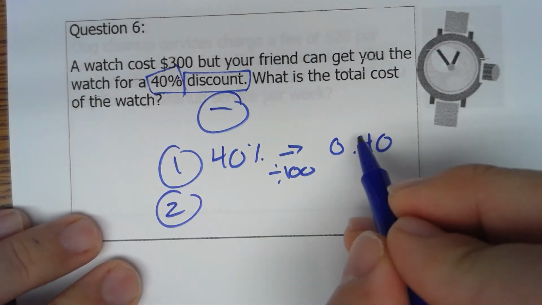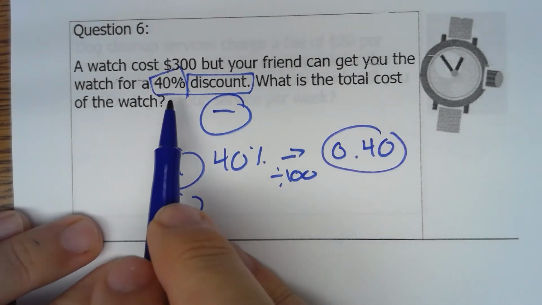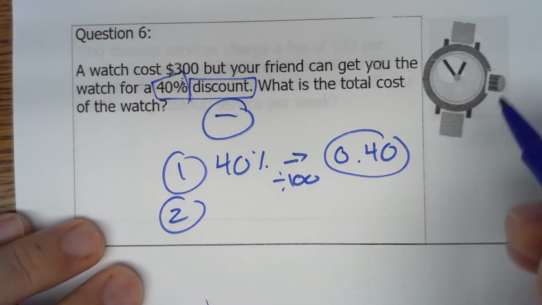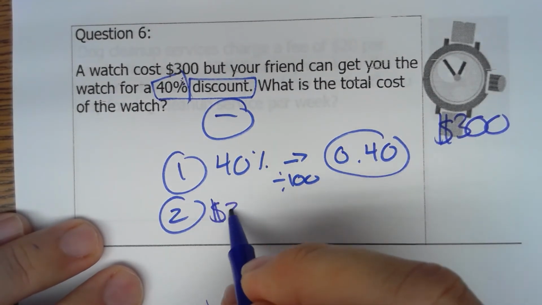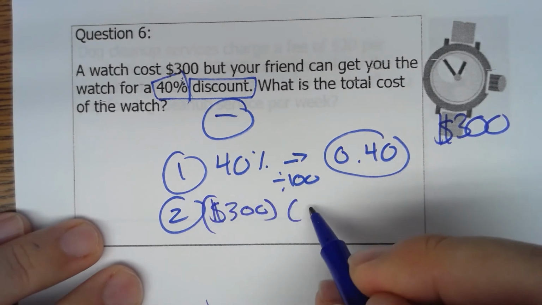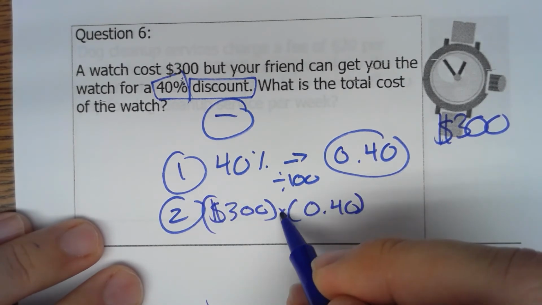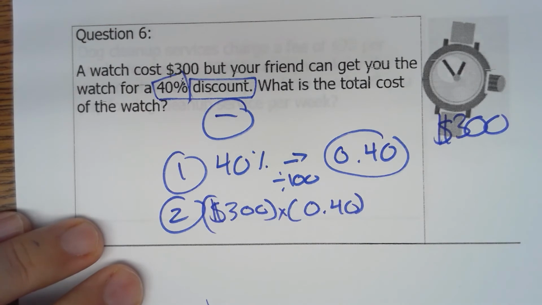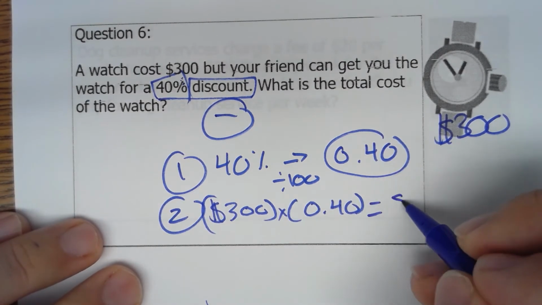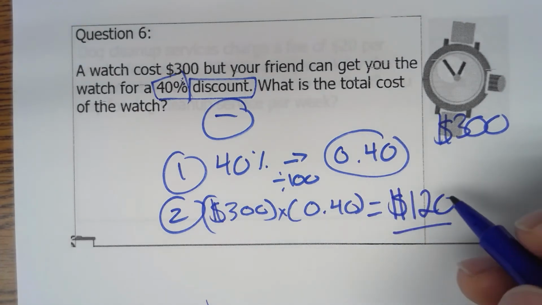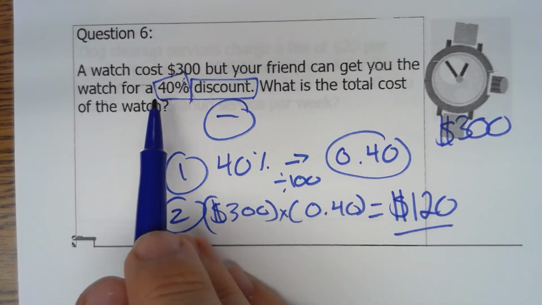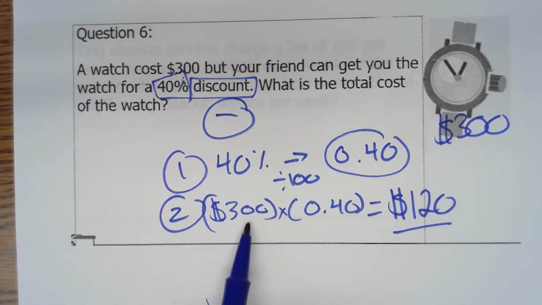Step 2, multiply this by the original price of $300 of the watch. So $300 times 0.40 means I'm going to get a $120 discount. $120 is 40% off 300.